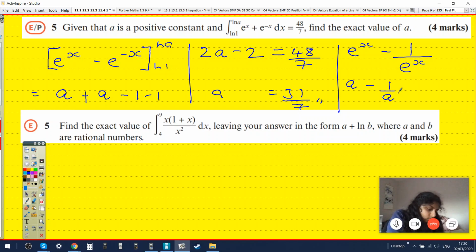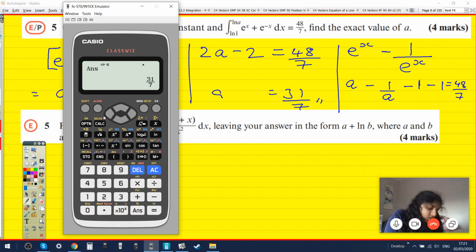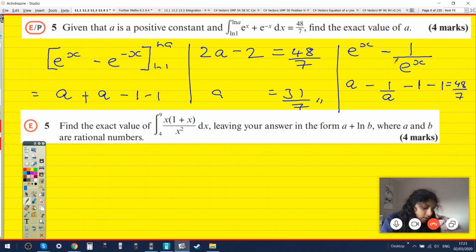That is a to the minus 1. So a minus 1 over a, minus 1. I think everything else is the same. The 1's just cancel out because you have minus 1 and then plus 1.